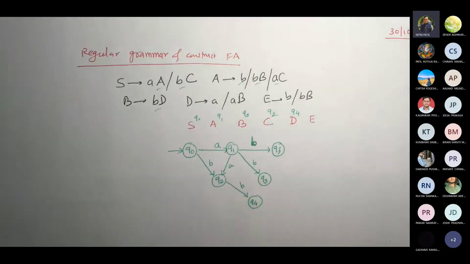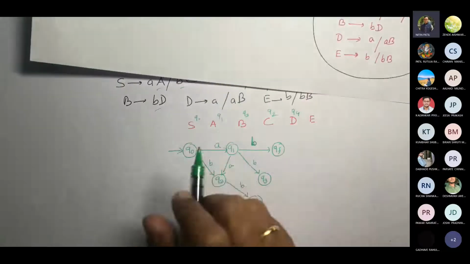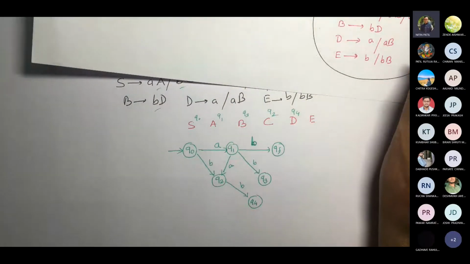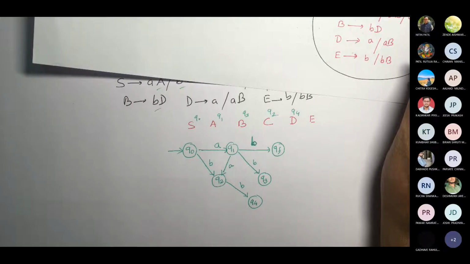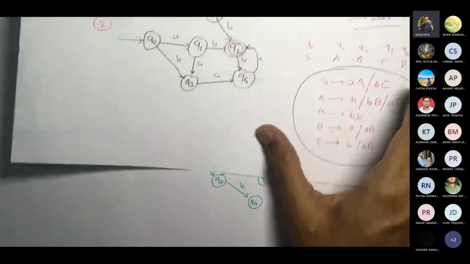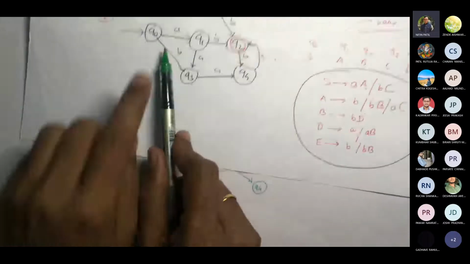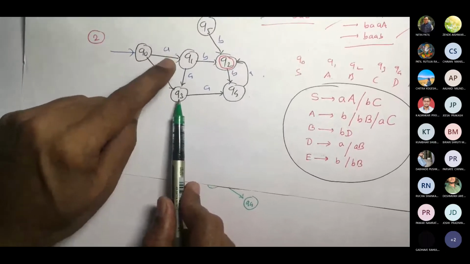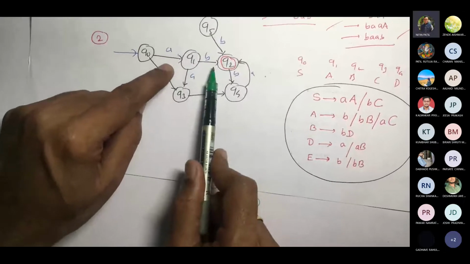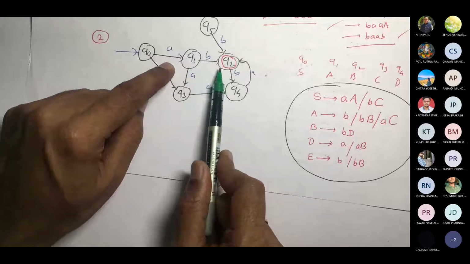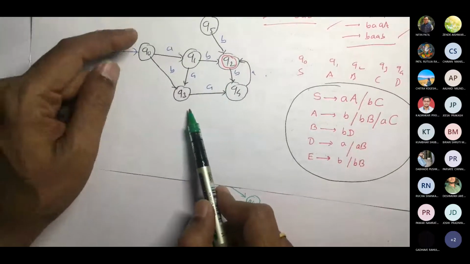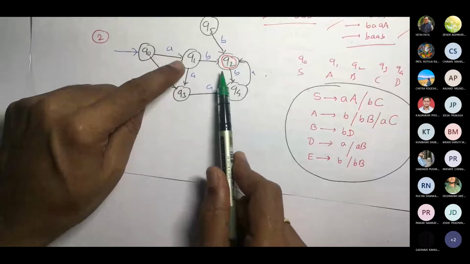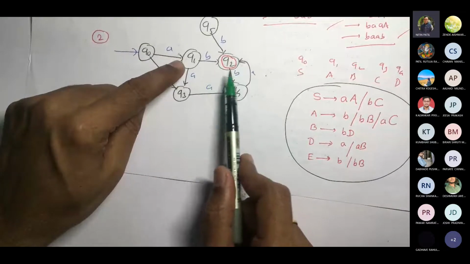Now D gives A. Do we have D anywhere? Q4 is D. D gives A and D gives AB. In the diagram, Q0 we took for AA and BC. A gives B, final. BB: now B is Q3, which itself is there, so it is going to final only.